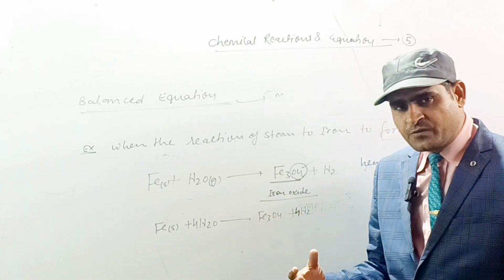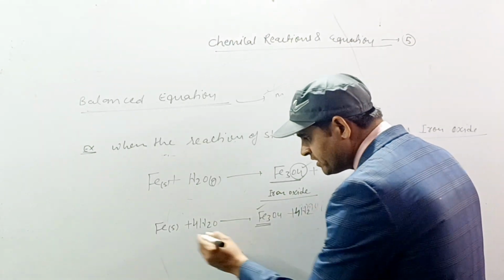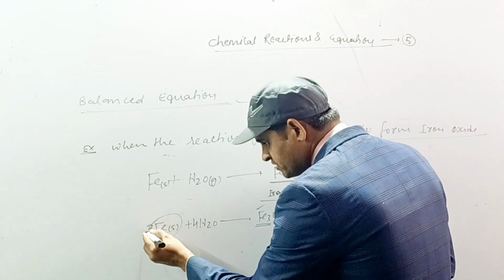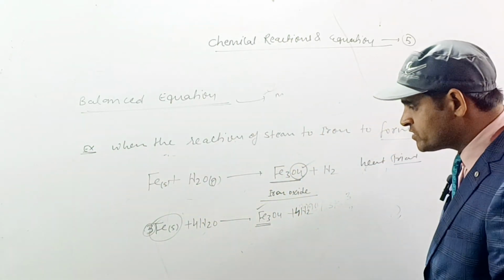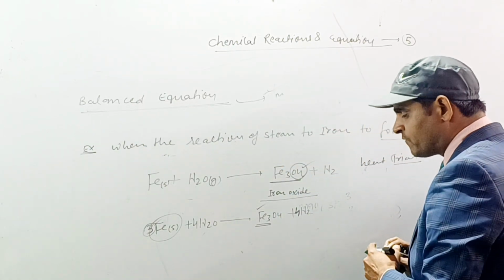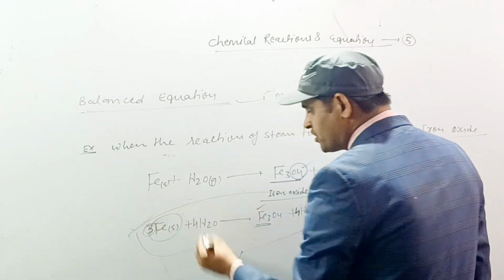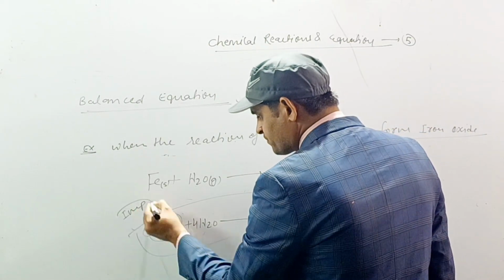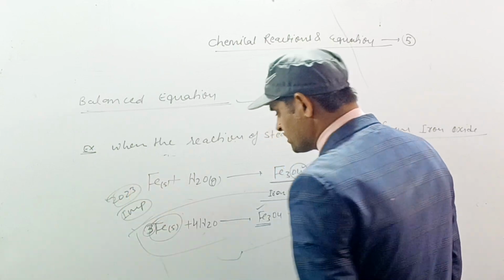After that, which element will be balanced? Now the iron is 3 on one side, and here it is 1. So we will multiply by 3. Here it is 3 and now you can calculate the elements in the reactant and the product. So this is the proper balanced equation, and this is very important according to the 2023 exams.